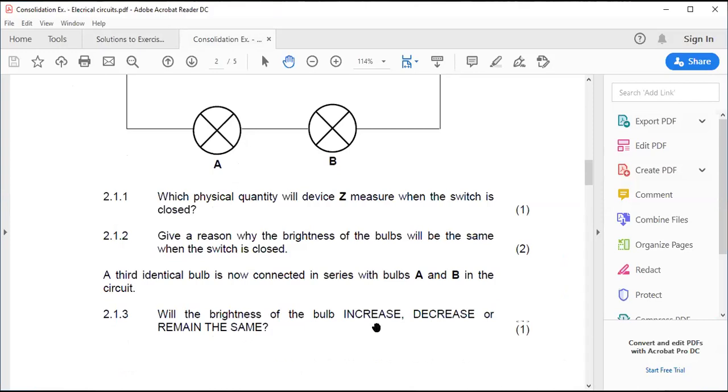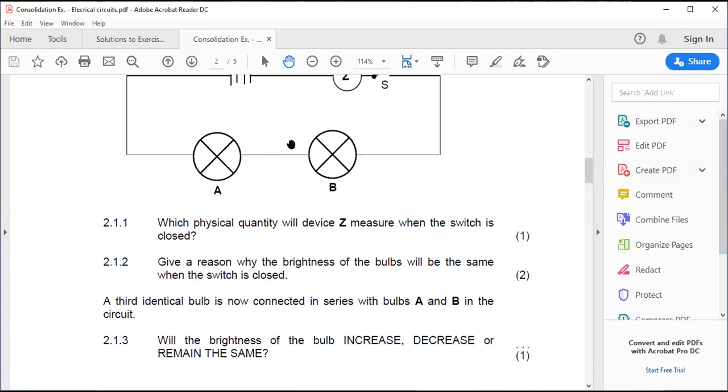Decrease. Decreases. Why does it decrease? Because when you add more bulbs, then current is divided into each of the bulbs, making them all equal, but less brightness. Less current. Okay, right. So it's correct.